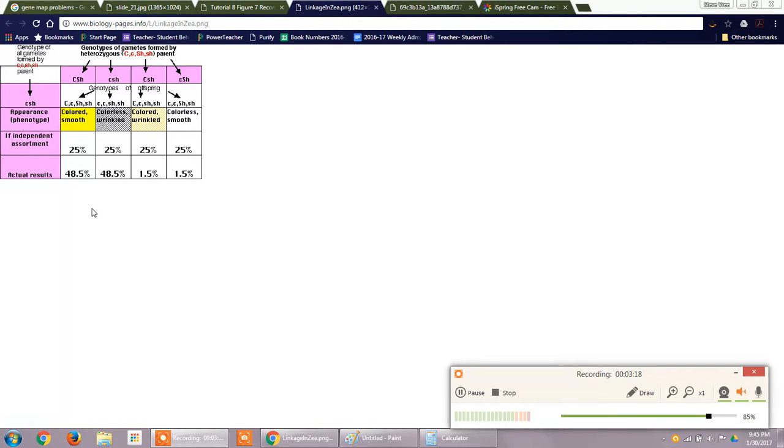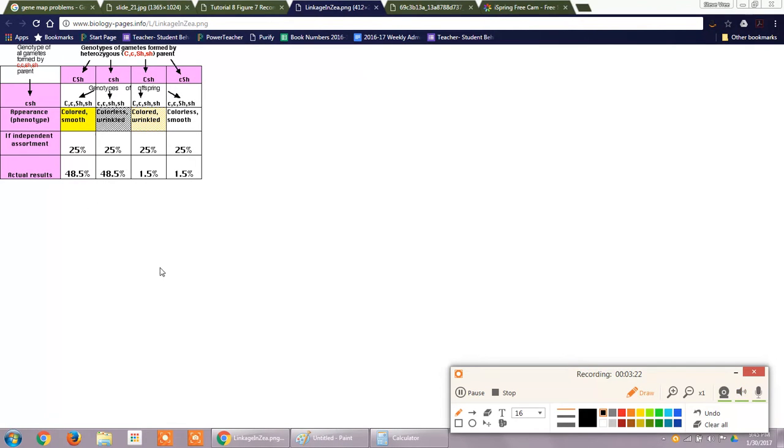Here's another example of this. What we're looking at here is C and SH. Long story short, independent assortment, this would be a test cross for heterozygous with a homozygous recessive, and you'd predict 25% for all of them, or 1 to 1 to 1 to 1.